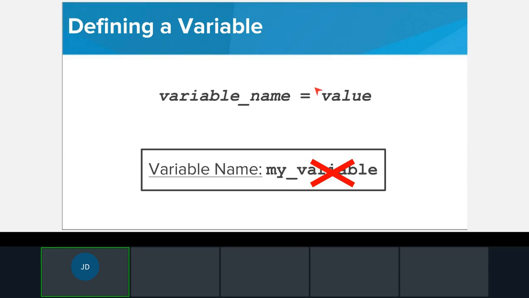And then equal to some kind of value. So your variable name will be equal to some kind of value. A lot of this lesson will revolve around a numerical value of the variable.